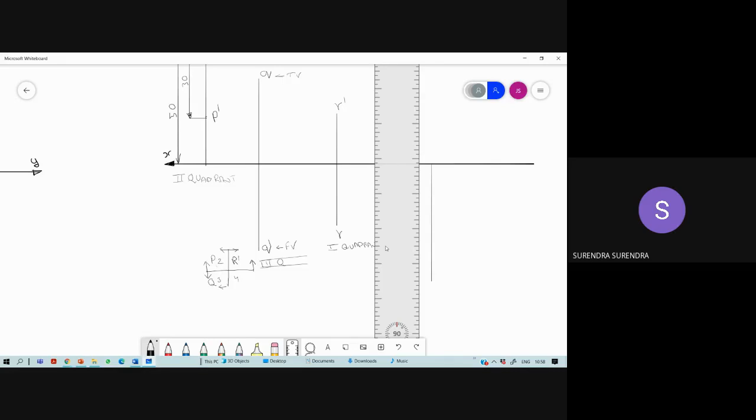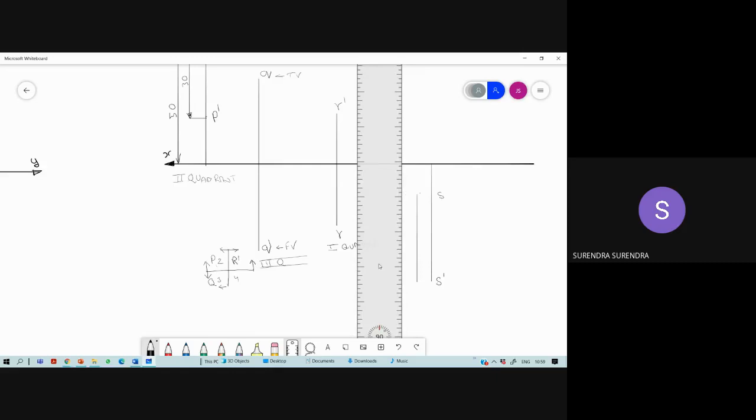So that is S dash, and S is 30 mm above XY line. So these two dimensions are given in the problem: the distance between front view and top view, and the distance of front view from XY line.